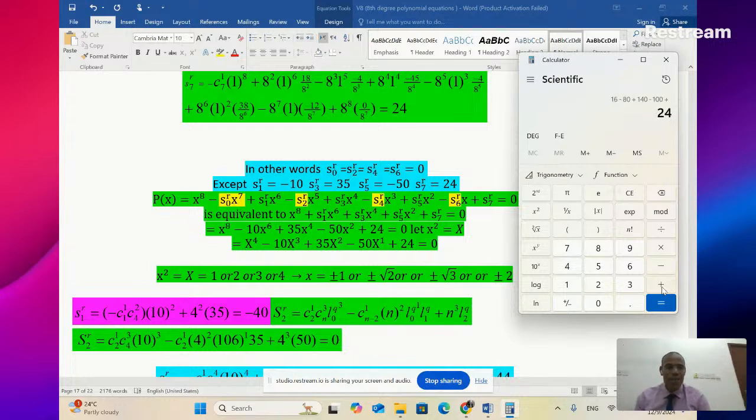This one is equal to 0. Therefore the first root has been proven, and the second one has been proven.